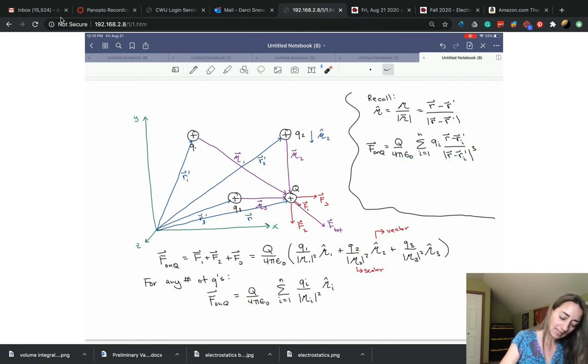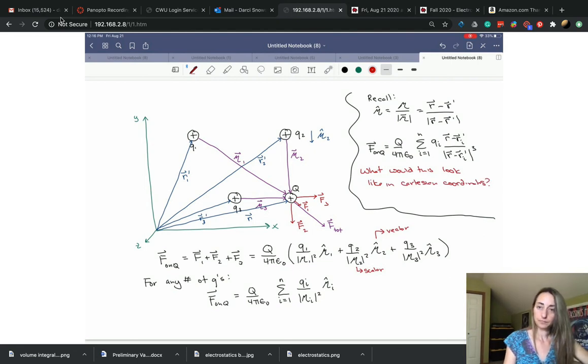And then I'm going to ask you guys a question. What would this look like in Cartesian coordinates? That's basically replacing those r's with some x's and some y's and some z's.